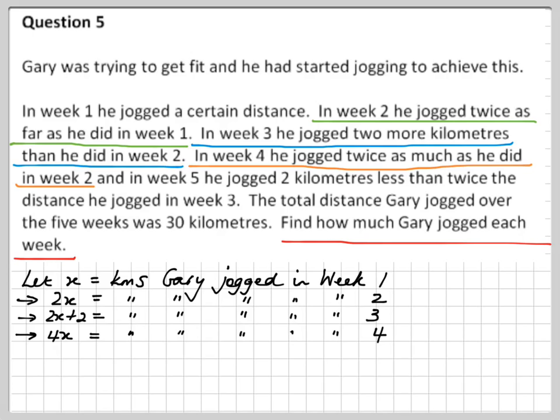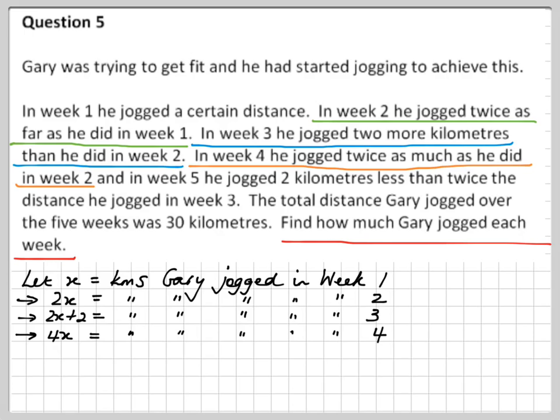Now, this one here's a bit of a killer. In week 5, he jogged 2 kilometres less than twice the distance he jogged in week 3. What did he do in week 3? He did 2X plus 2, didn't he? We've got to look at it again. Twice the distance and then take 2, I think.